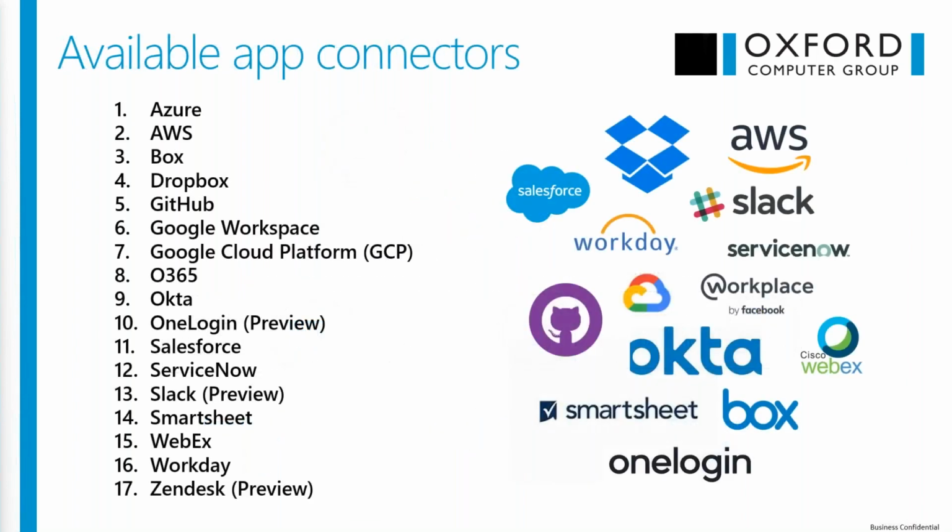And as of today, these are the 17 apps that you can connect directly in Cloud App Security. Three of them are in preview. As you see there, OneLogin, Slack, and Zendesk are in public preview, but public preview means that you can go out and use it.